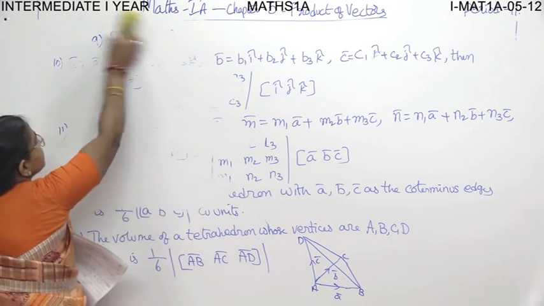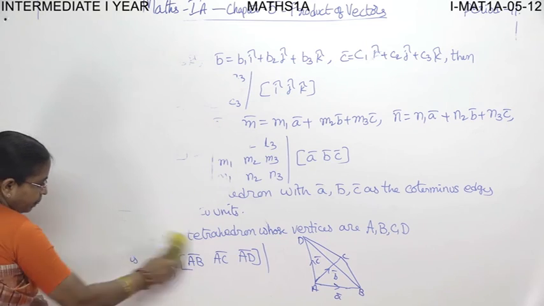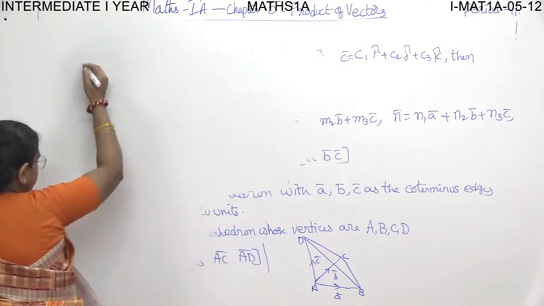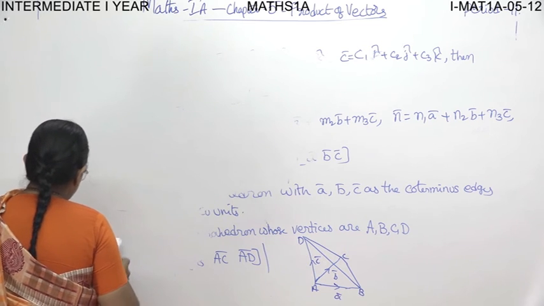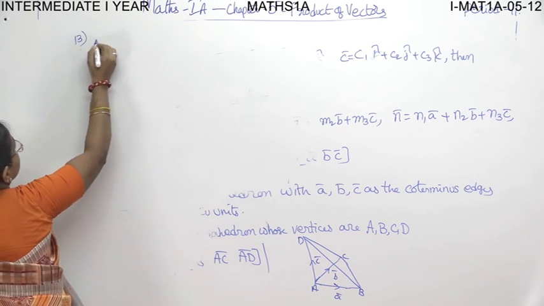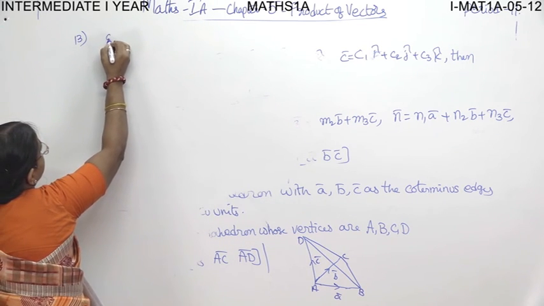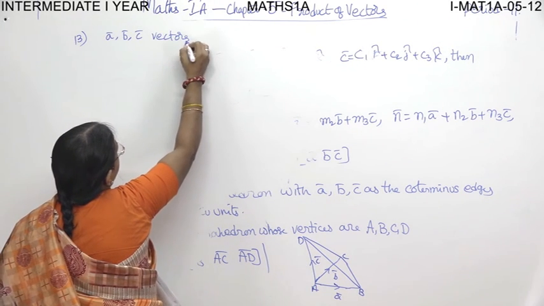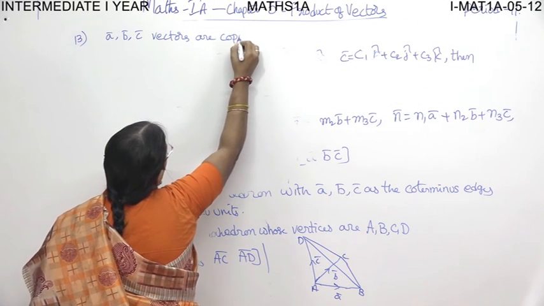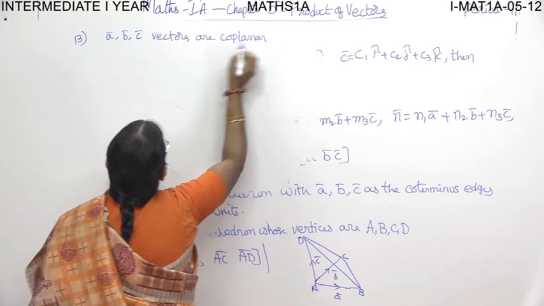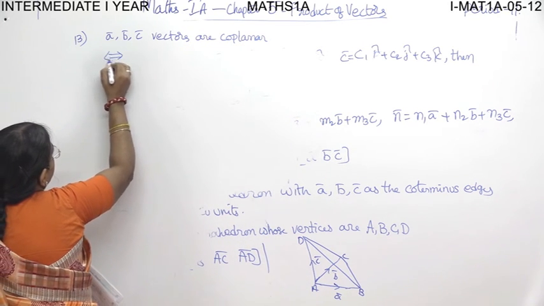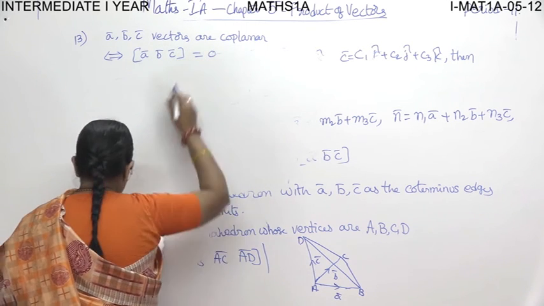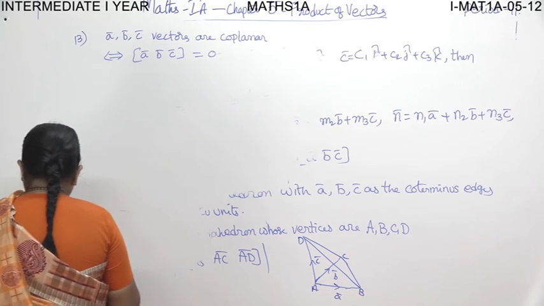And then you have the next theorem. The 13th point: vectors A, B, C are coplanar if and only if their box product is 0.